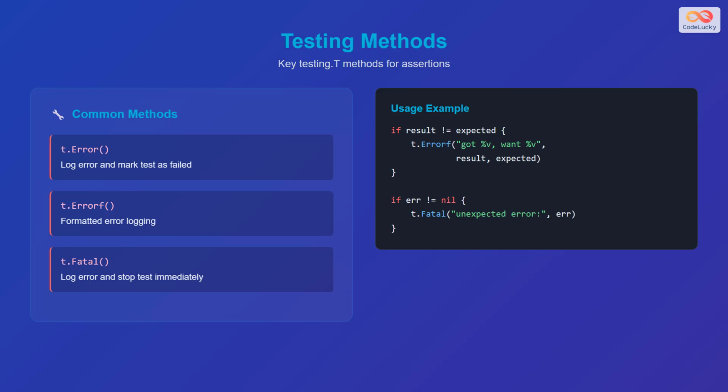The t.Fatal method logs an error and stops the test immediately. Here's an example. If the result is not equal to the expected value, you can use t.Errorf with a formatted string showing the actual and expected values. If an error occurs that should halt the test, like an unexpected nil error, use t.Fatal to log the error and immediately stop the test.